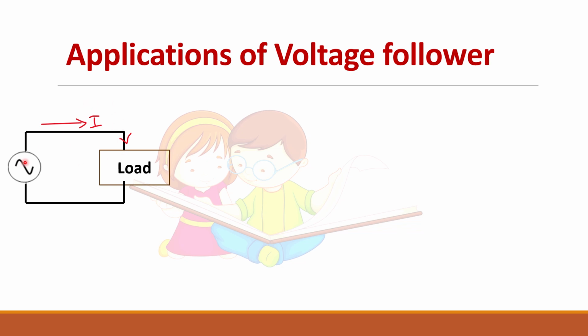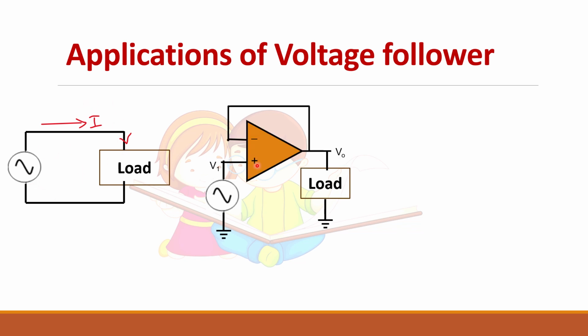To avoid such an instance, we can connect a voltage follower circuit in between the source and the load. You can see here, this is a voltage follower circuit where the input is connected to the source and the load is connected at the output of the op-amp. We know this is a voltage follower circuit, so V0 will be equal to V1. So whatever you give, it is going to come here.